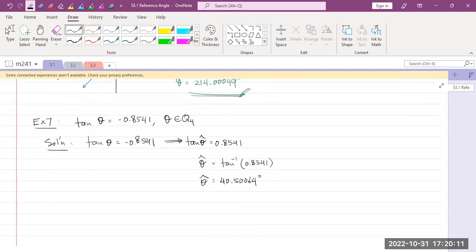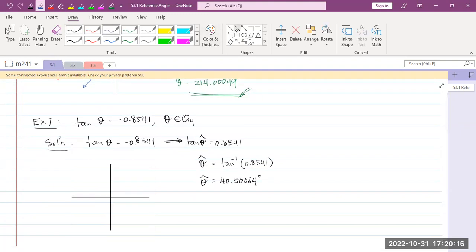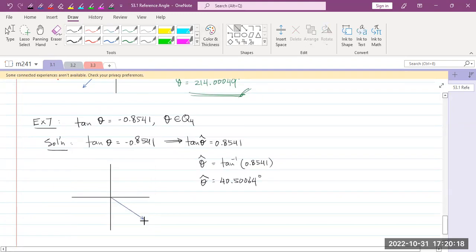Now you go back to the picture, imagine an angle in quadrant 4, whose reference angle is that 40.5 degrees something. Then what is angle theta? Our theta is 360 degrees minus theta hat, right?